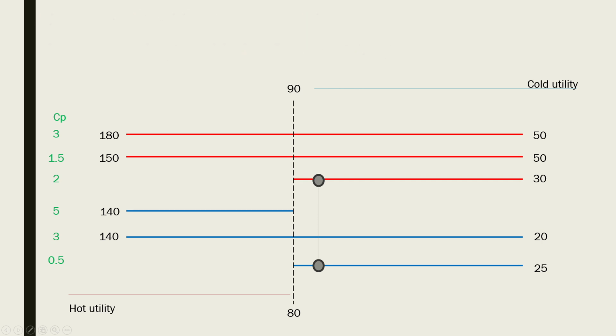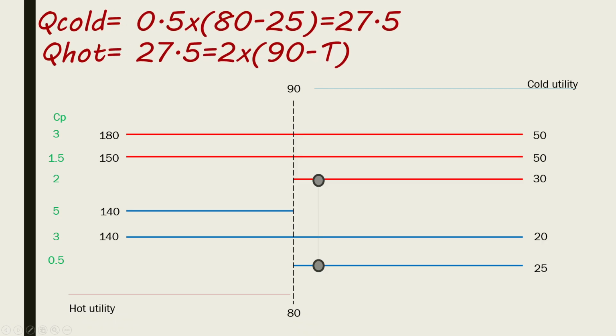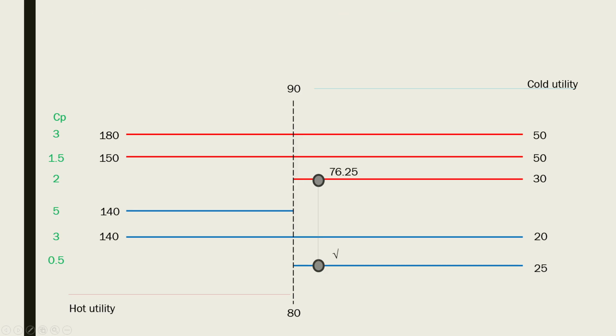Remember that we are moving from the pinch to outside, so we are going to write the pinch temperature and calculate the other temperature. So it's going to be 27.5 equals 2 multiplied by 90 minus T, so we get T, which is 76.25 degrees Celsius.